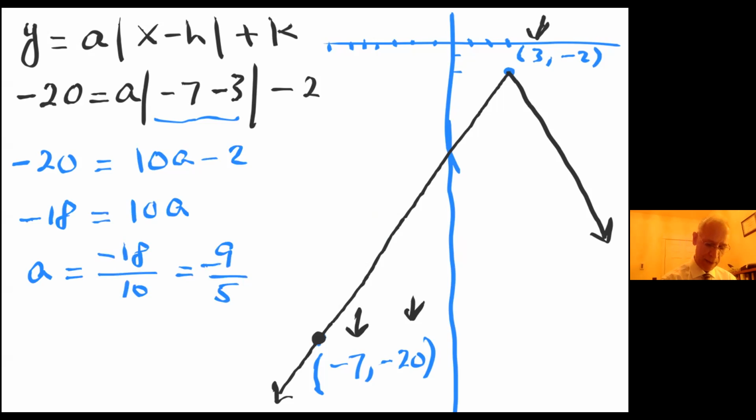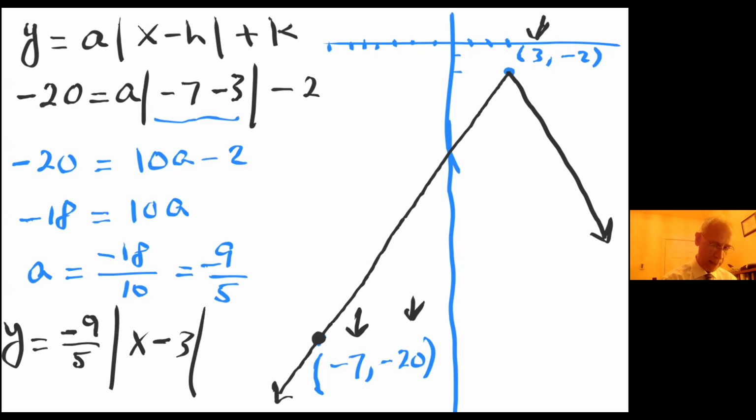So I can claim now that y equals a, which is -9/5, times the absolute value of x minus 3, and then minus 2. Okay, hope you like this video, and thank you.